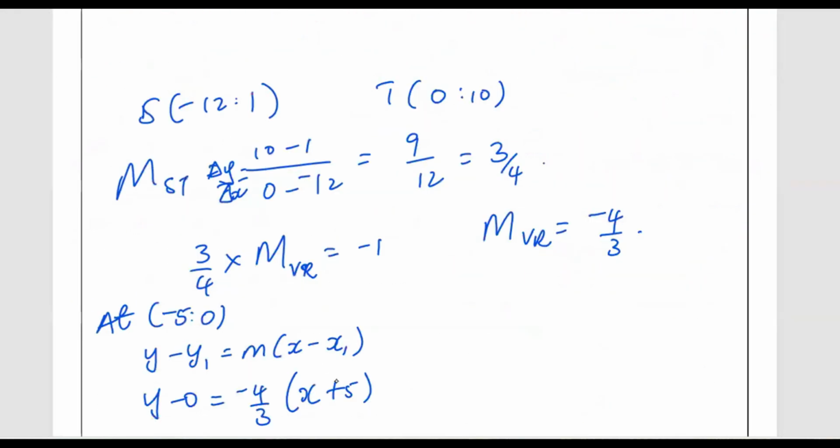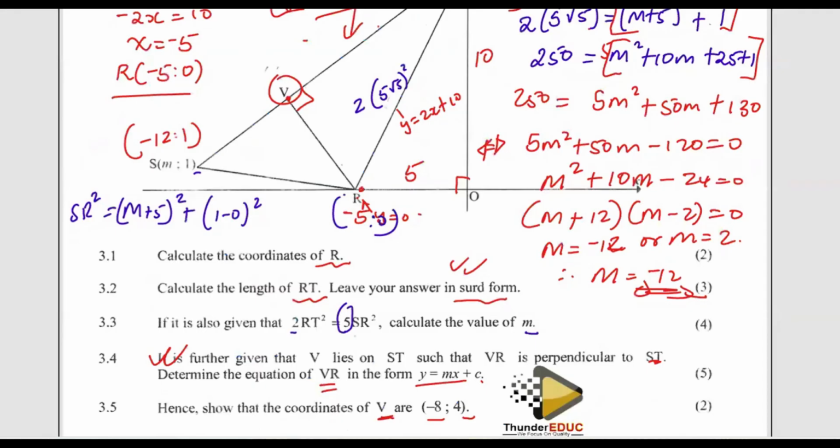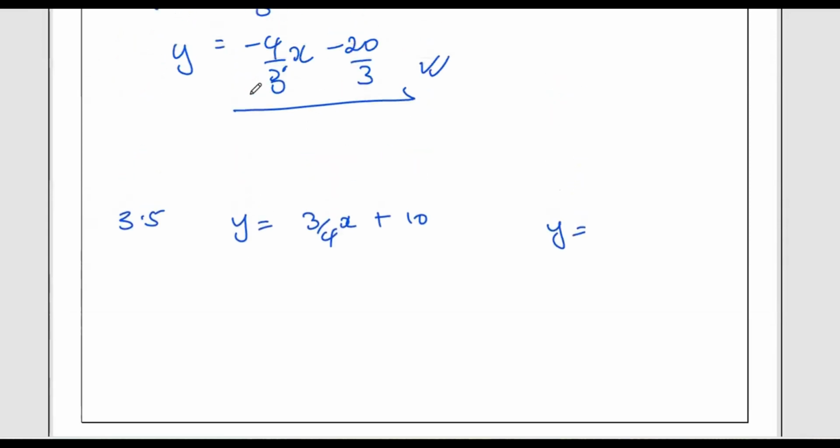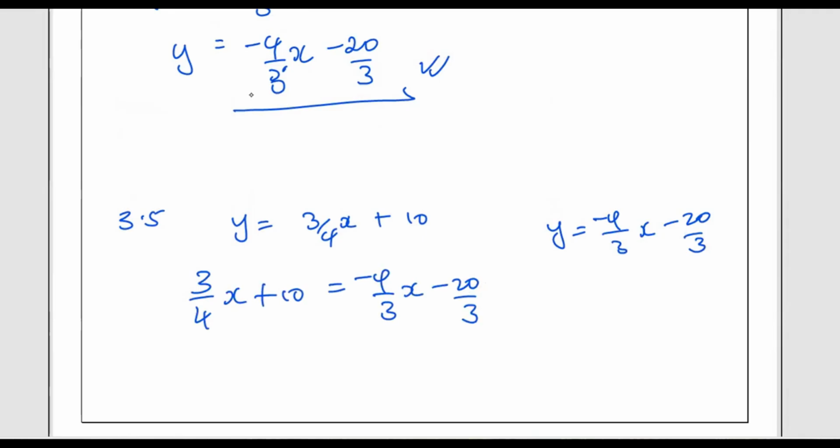This is question 3.5. We're saying y is 3/4x plus 10, and the other equation for VR is -4/3x minus 20/3. Let's equate the two: 3/4x plus 10 should give us -4/3x minus 20/3.